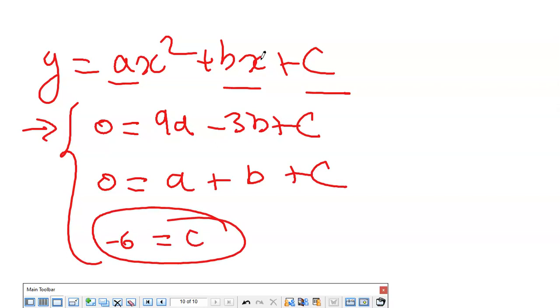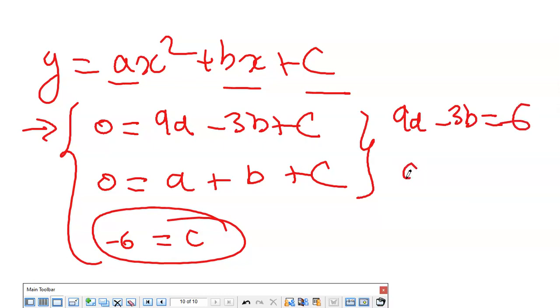Because x is 0, I got c = -6, and I can replace in the first two. So the first equation will be 9a - 3b = 6, because c is -6, and the second one will be a + b = 6.